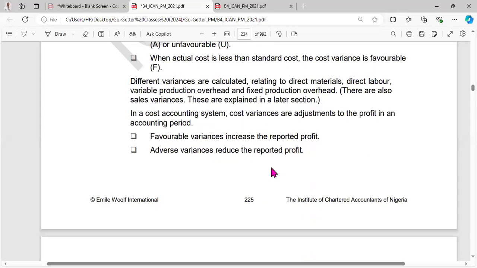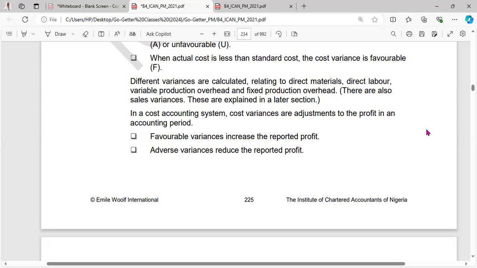All right. Now, in a costing accounting system, cost variances are adjustments to the profit in an accounting period. So cost variances usually are adjustments to the profit.